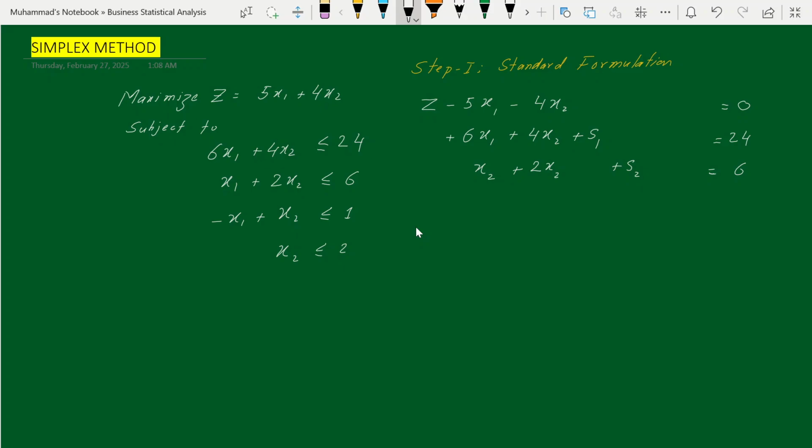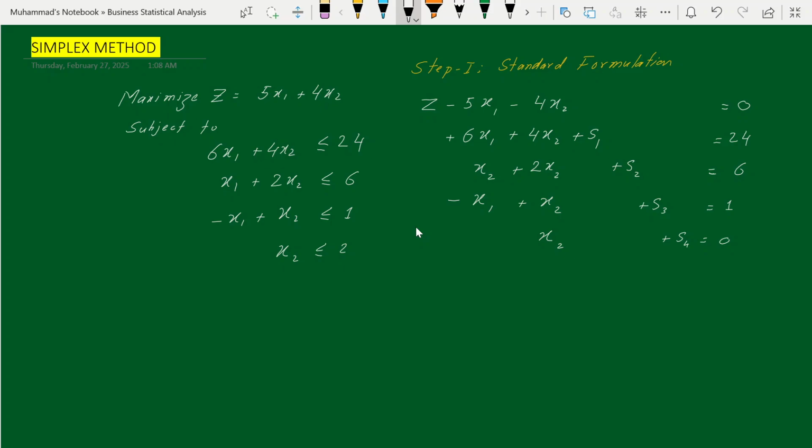Now we have another constraint: minus x1 plus x2 plus s3, and this is equal to 1. In the last constraint we have only x2, so we can write x2 plus s4. Since we have four constraints, we introduce four slack variables: s1, s2, s3, and s4.